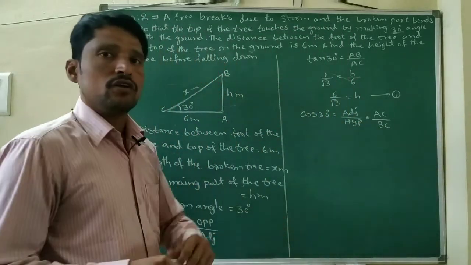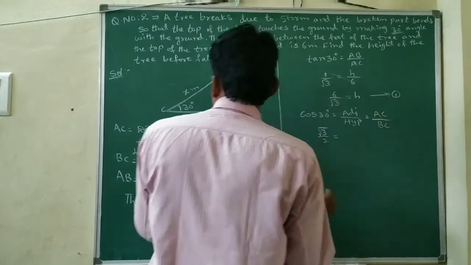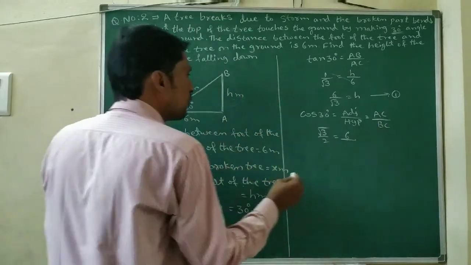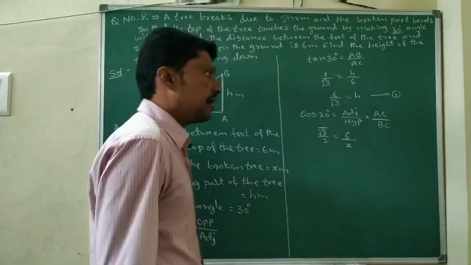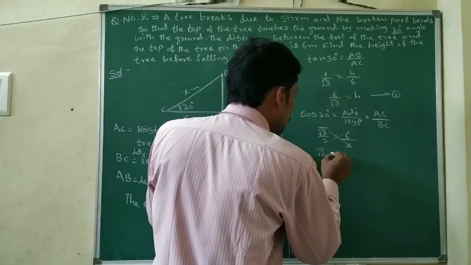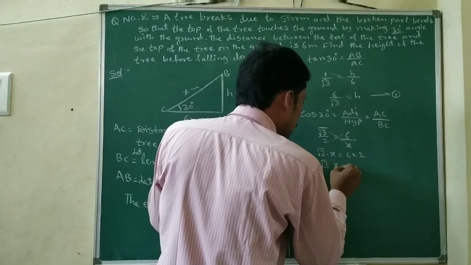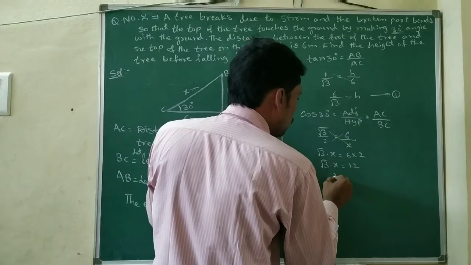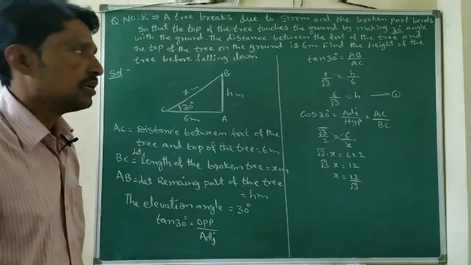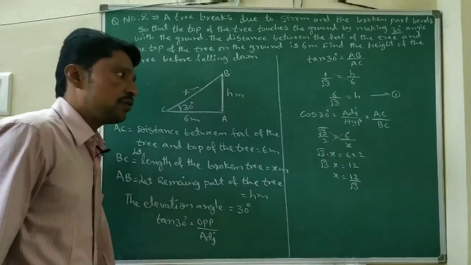Cos 30 value we know, that is root 3 by 2, equals 6 by X. Cross multiplying, root 3 into X equals 6 into 2, so root 3 into X equals 12. Transposing root 3, X equals 12 by root 3. Now we got X as 12 by root 3 and H as 6 by root 3.